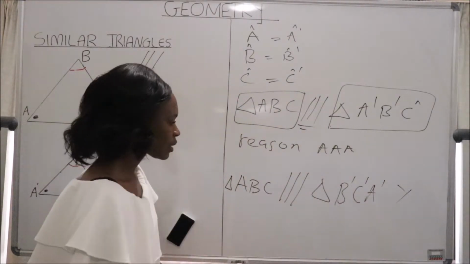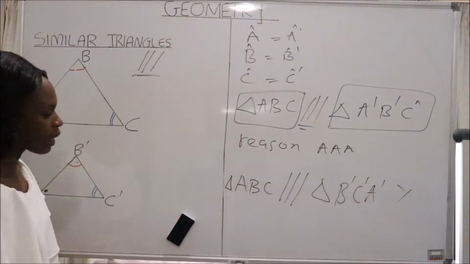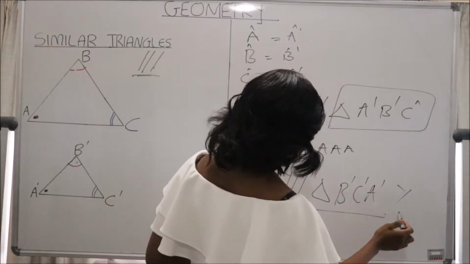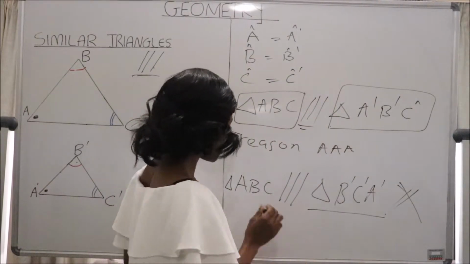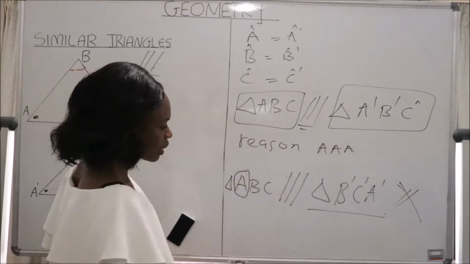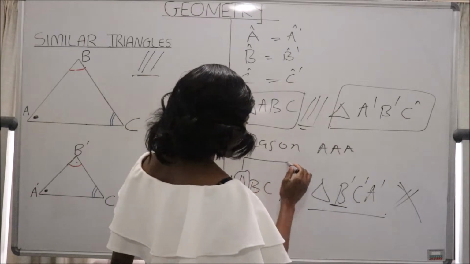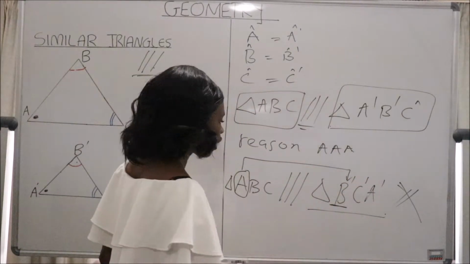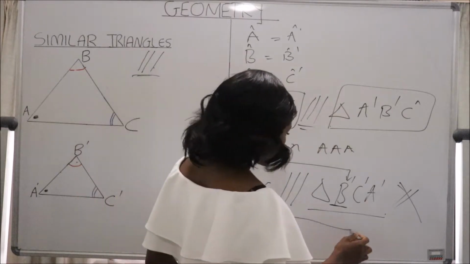I know it's the same triangle, and you can always read a triangle from any angle. But the reason why you shouldn't write it this way is that when we are talking about similarity, the first angle on the first triangle should be equal to the first angle on the second triangle. So here A is not equal to the angle of B prime. So already that's wrong. And B is not equal to C.